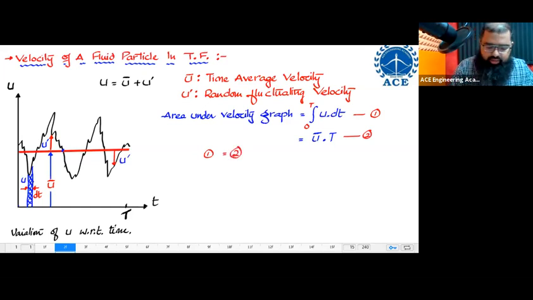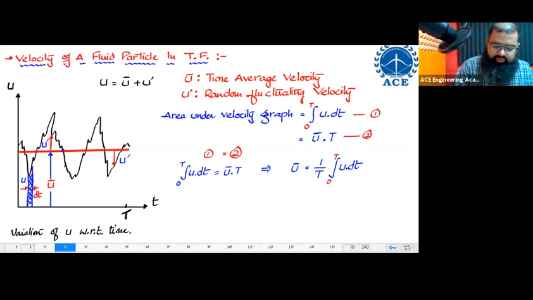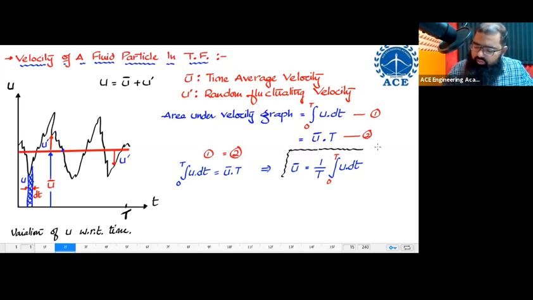So from here I can write, integral of u dt ranging from 0 to T is equal to u bar times capital T, which implies the value of u bar has to be equal to 1 by T integral of u dt, where time is ranging from 0 till capital T. This is the formula for time average velocity.